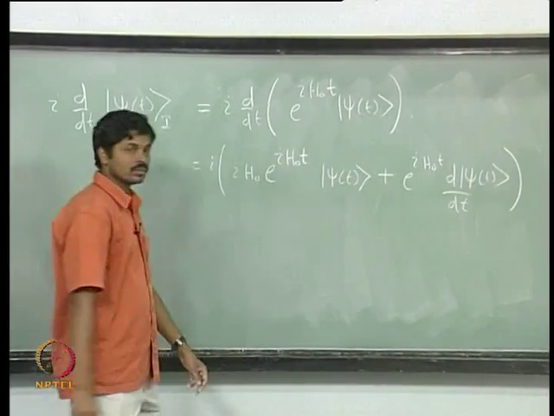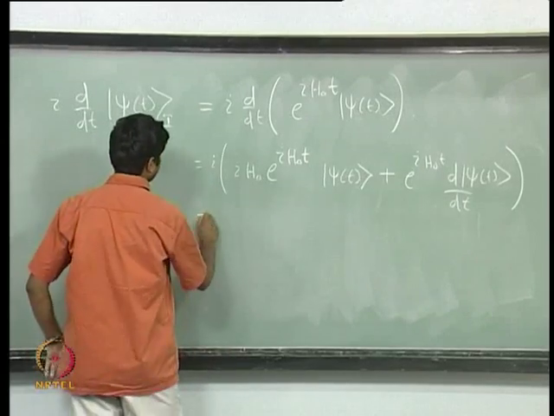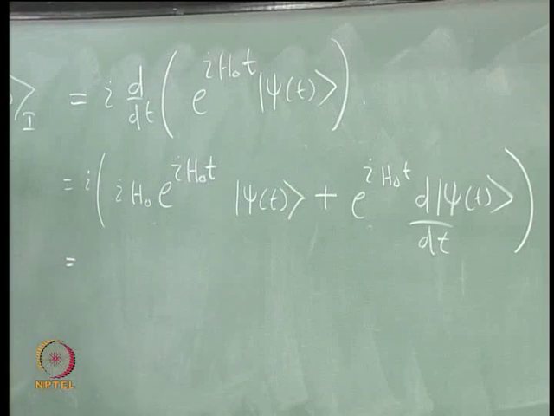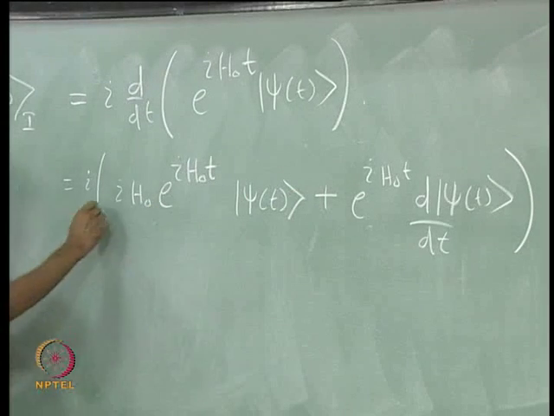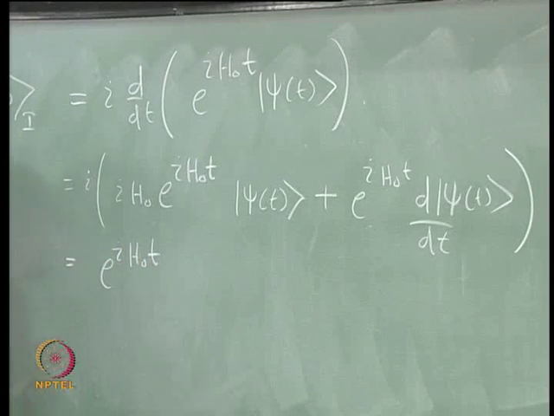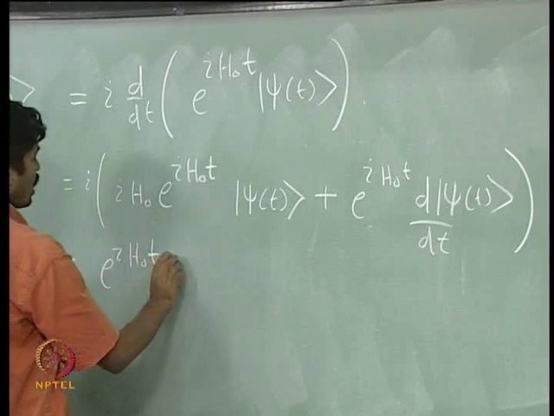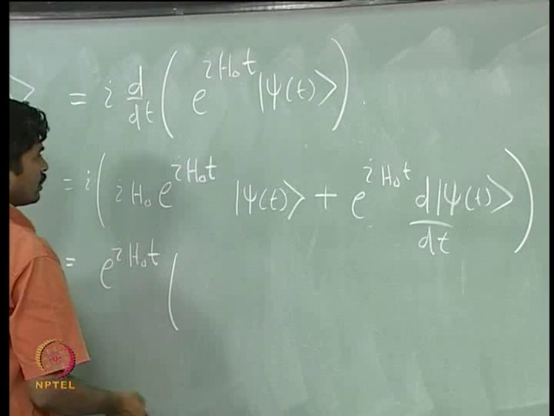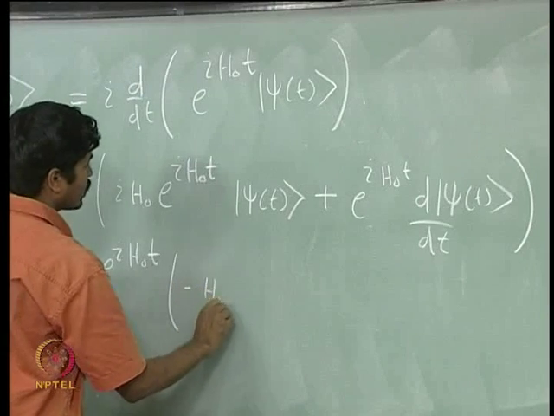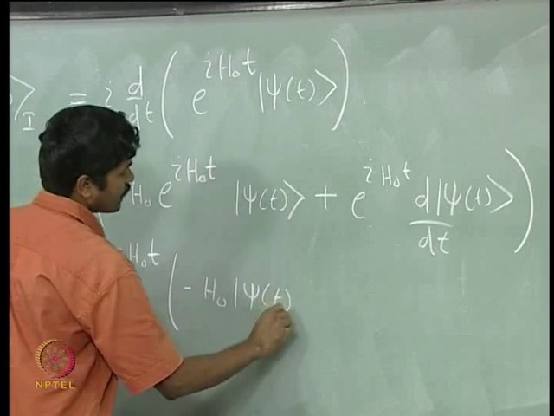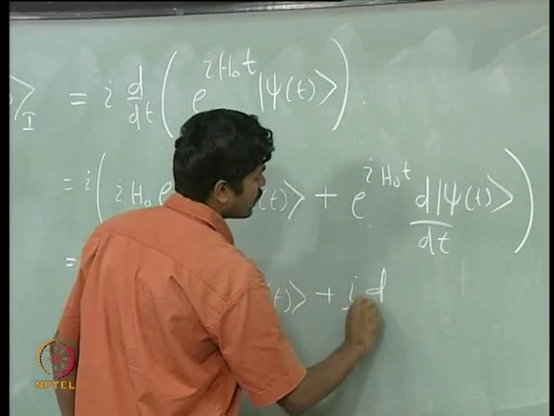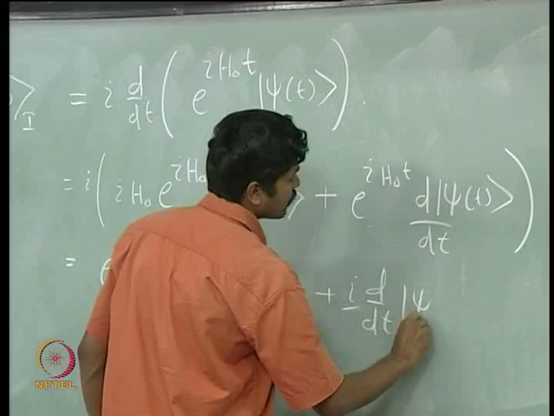Okay. So, I can multiply this i here, and I can pull out e to the power i H0 t outside. Then what I will get is e to the power i H0 t times minus H0 acting on psi t plus i d over dt acting on psi t.